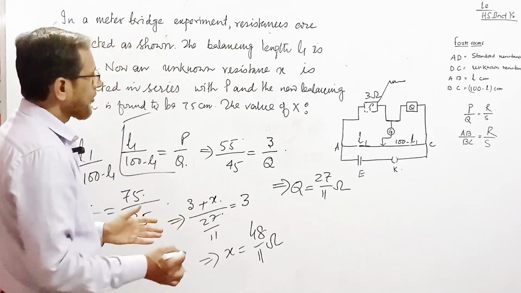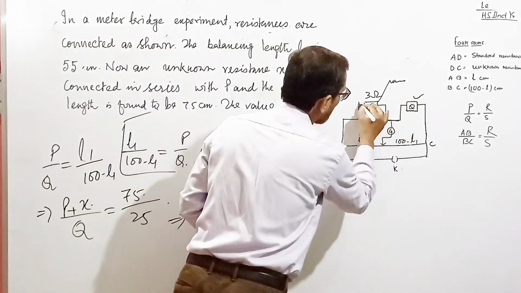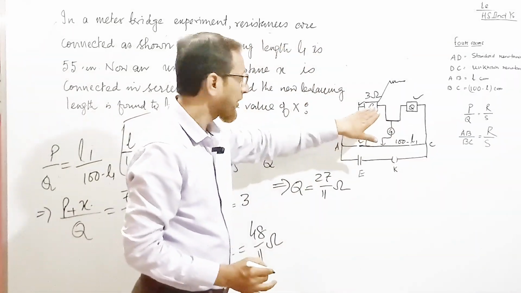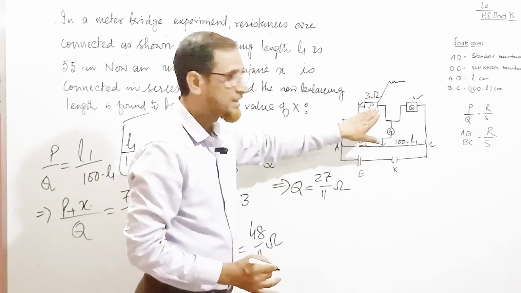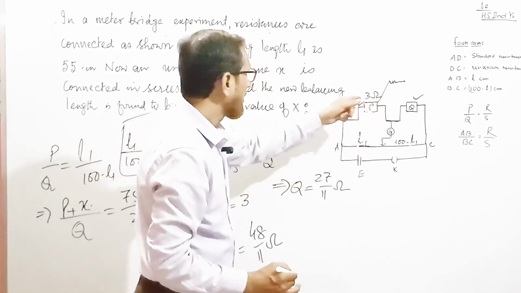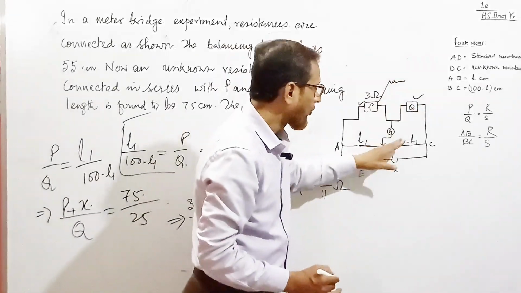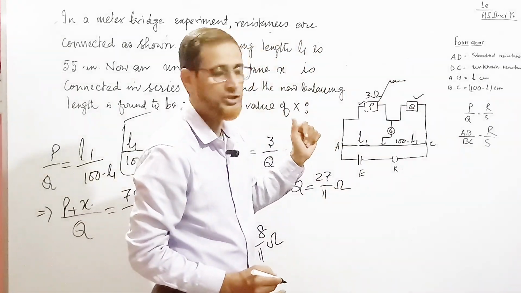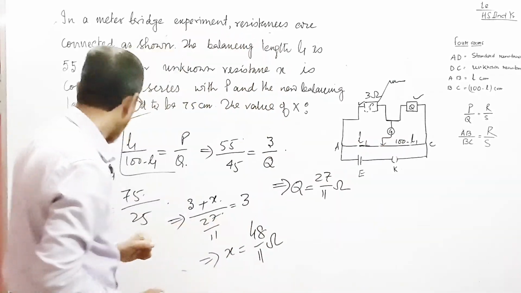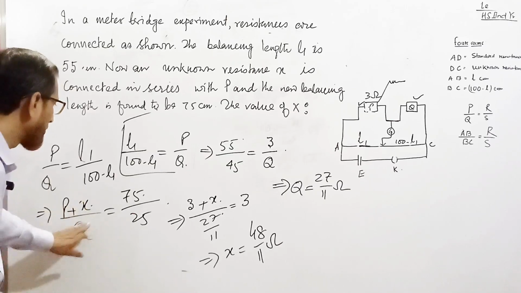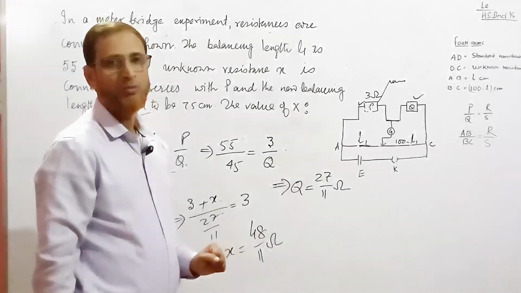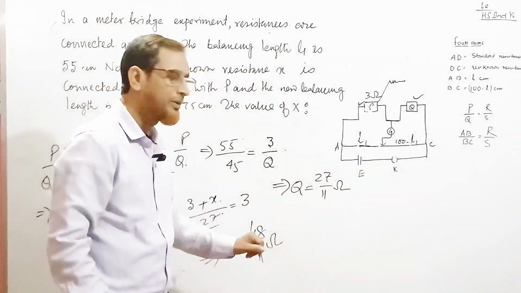Then this is known, and another resistance is connected in series with the resistance P, and we don't know the value, it is X. Again, after adding this, the whole system is found to be in balance condition, that is, it is adjusted at 75 centimeter. So at the new condition, (P plus X) by Q is equal to 75 by 25. So on calculating, we get the value of X is equal to 45 by 11 ohm.